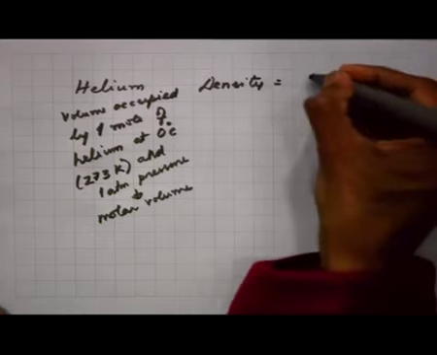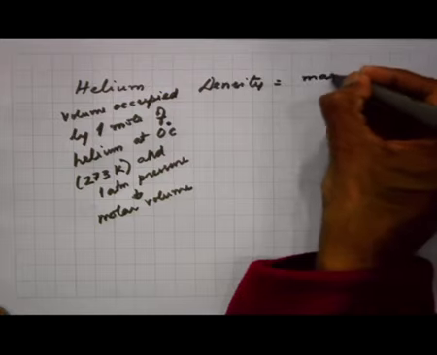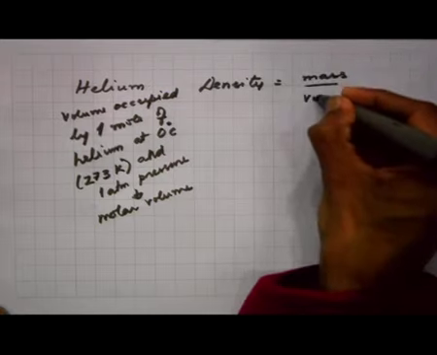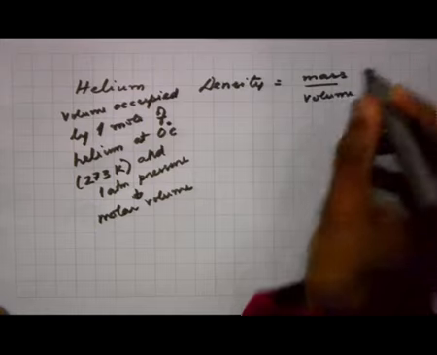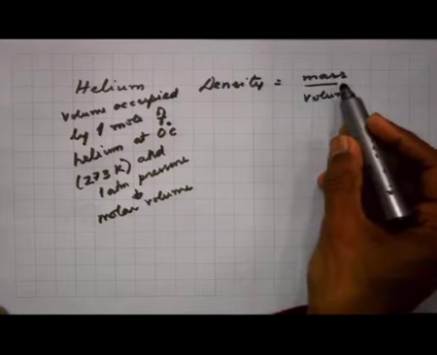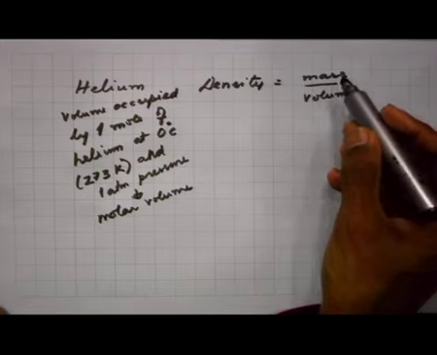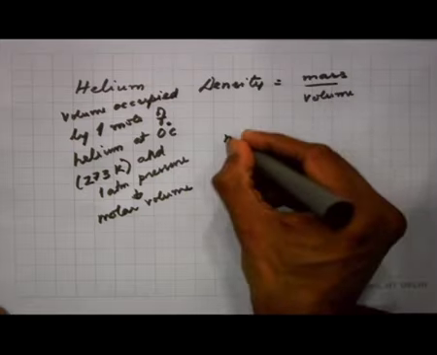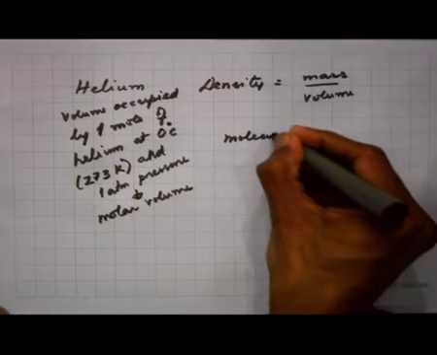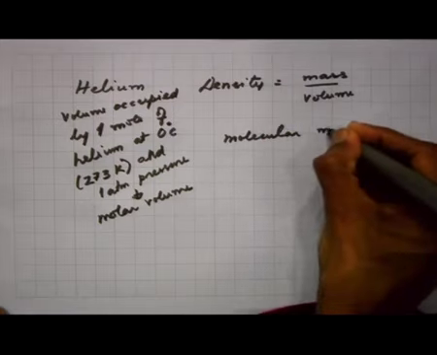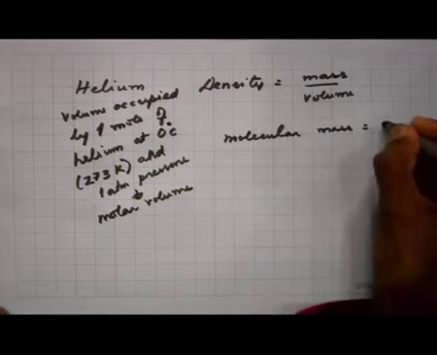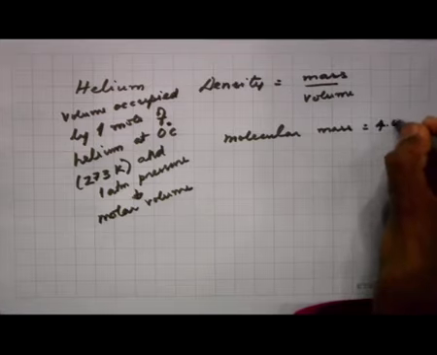We know that density is mass over volume, and we know that the molecular mass of helium is 4 point something grams per mole.